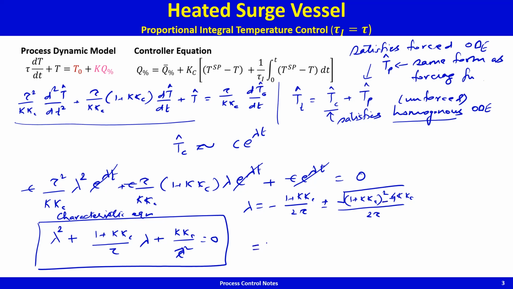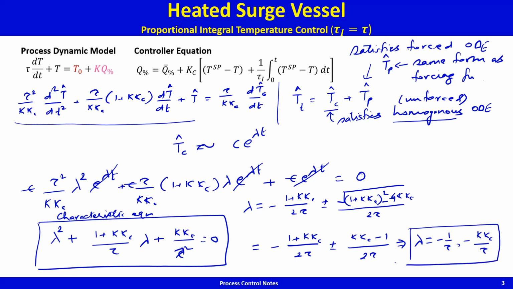So that is going to be equal to minus 1 plus kkc divided by 2 tau plus or minus kkc minus 1 divided by 2 tau, which gives lambda equal to minus 1 by tau, and the other one will be minus kkc by tau. So these are the roots that satisfy the characteristic equation.